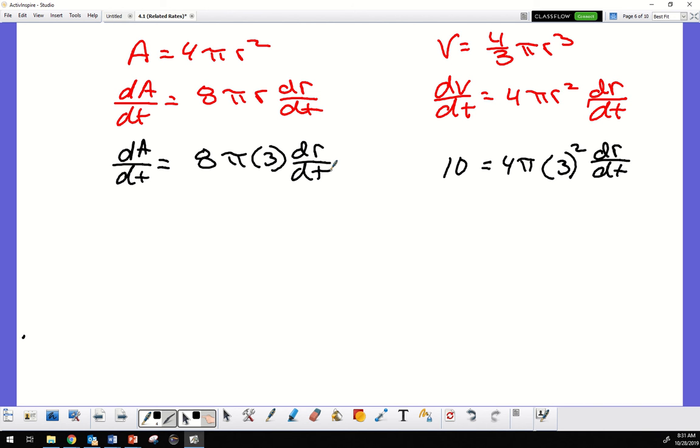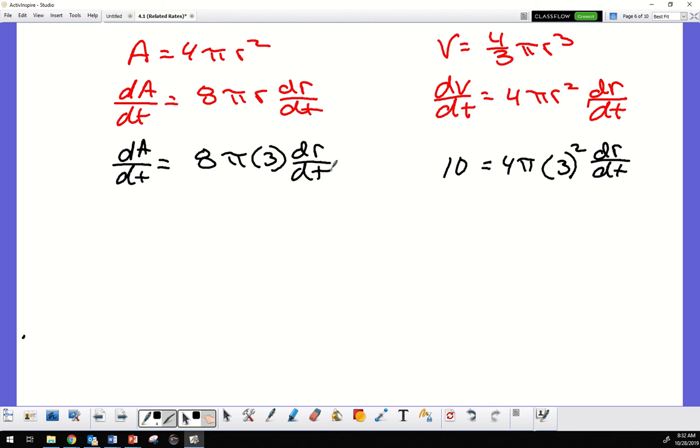By writing out everything and showing this, can you identify what I have to end up doing here? What am I doing here? Get dr/dt by itself, right? So I'm going to find dr/dt from my equation on the right and then plug it into the equation on the left. Again, by listing out and showing everything, you make it super obvious because everything is out there.